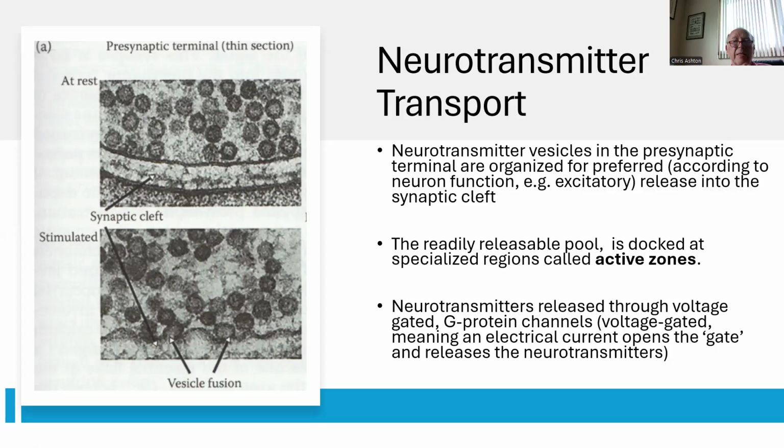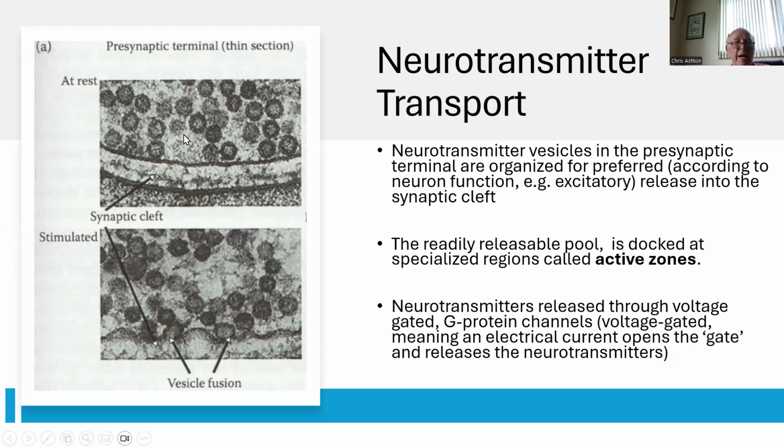The at rest is then stimulated, meaning an electrical current is introduced, meaning the axon fires, and we see at the bottom what happens with the stimulated: the vesicles then move to the membrane, fuse to it, and you can see an indication that there is release of neurotransmitter molecules, dopamine, say, into the synaptic cleft.